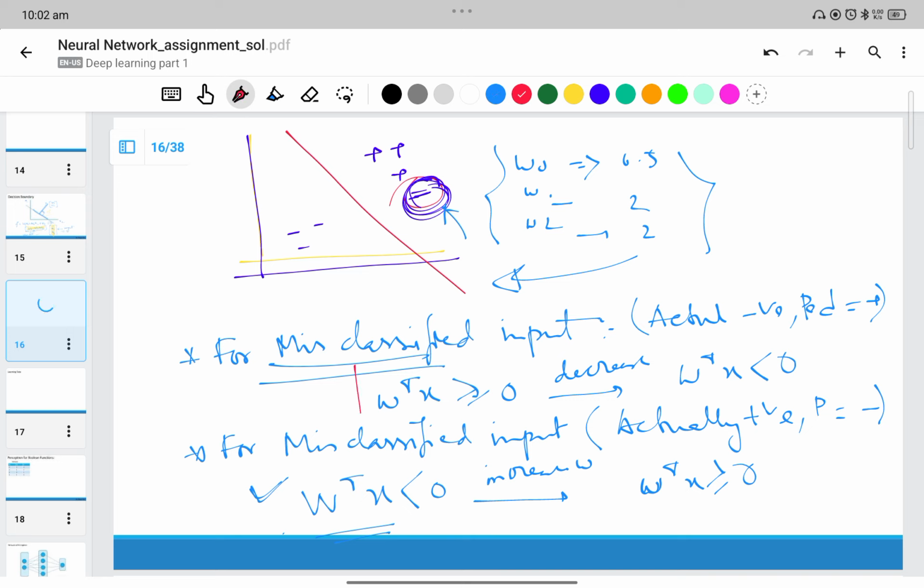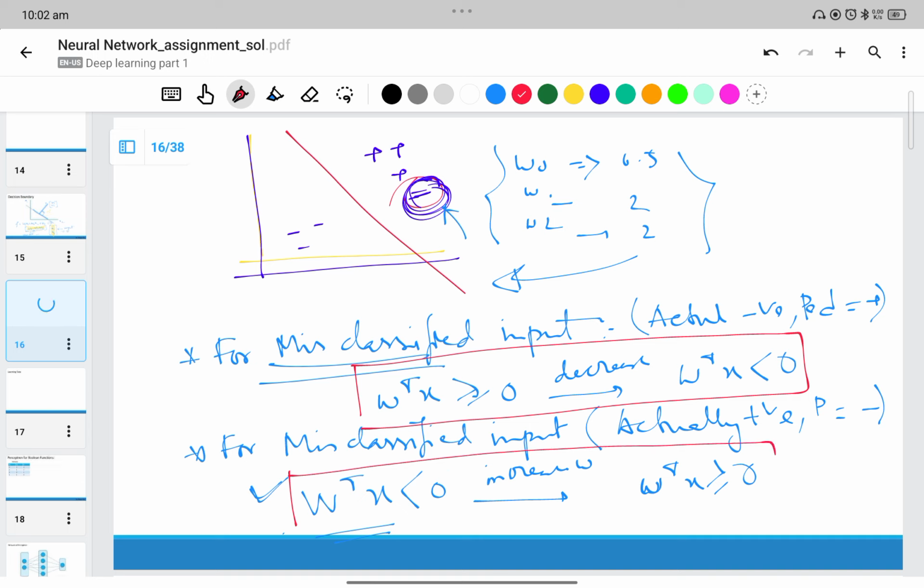So whenever we misclassify a negative input, we want to decrease the w, and whenever we misclassify a positive, we want to increase the w to include that positive one in our decision boundary.